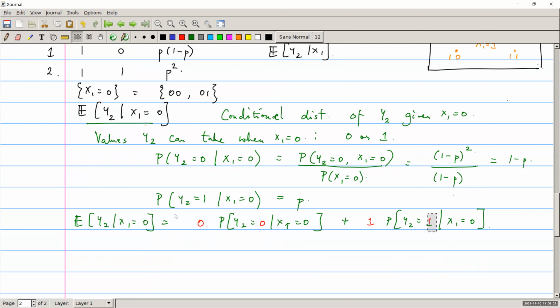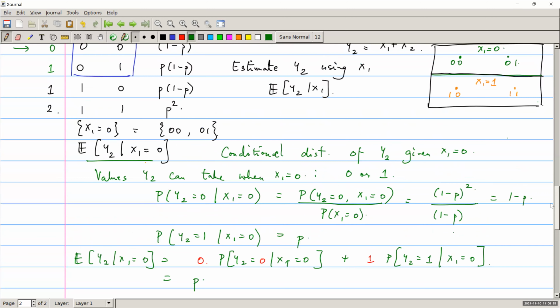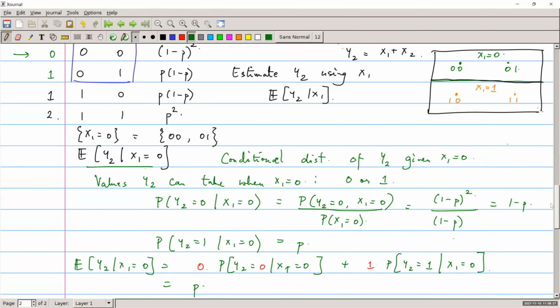So when x1 equals 0, this is equal to p. When you do the computation, the first term is 0, the second term is 1 times p, and that is p.